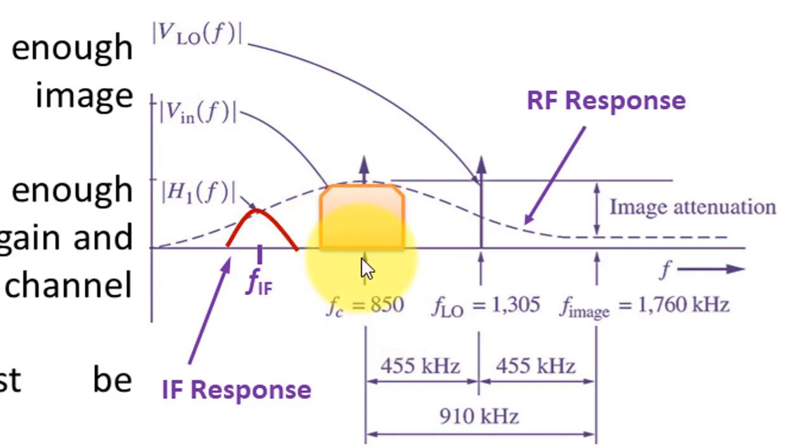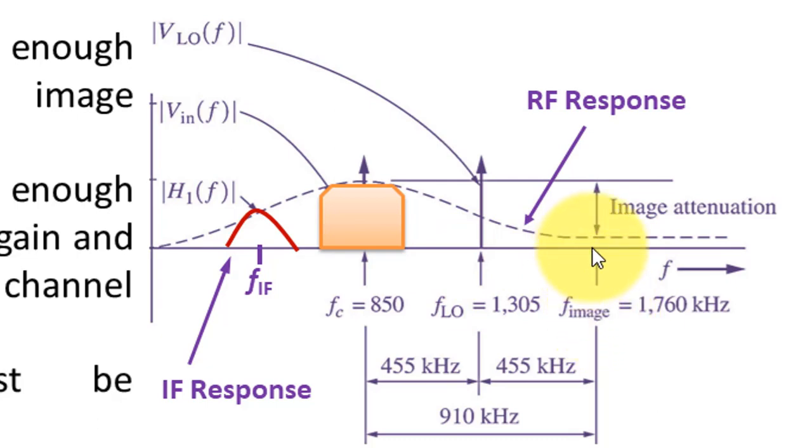This is the actual message signal. This point shows the local oscillator frequency, which we evaluated as 1305 kilohertz, and for this upside conversion the image frequency turns out to be 1760 kilohertz.